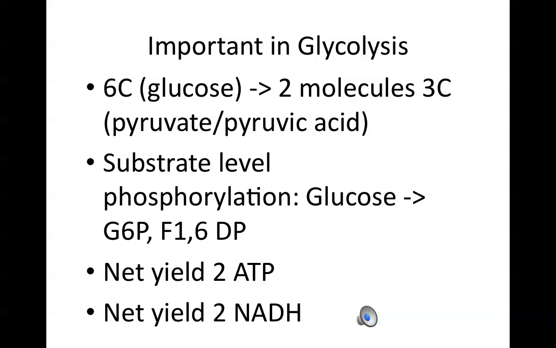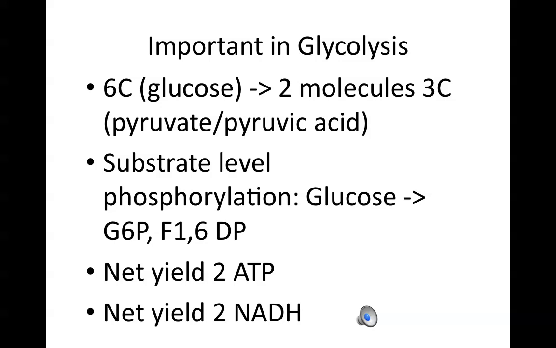We're going to create 2 molecules of ATP, net yield, from the process of substrate level phosphorylation, taking glucose and attaching phosphate groups to it, and then moving those phosphate groups around as we modify the 6-carbon molecule of glucose into the 2 3-carbon pyruvic acids, and also using those phosphate groups to create some ATP net yield.